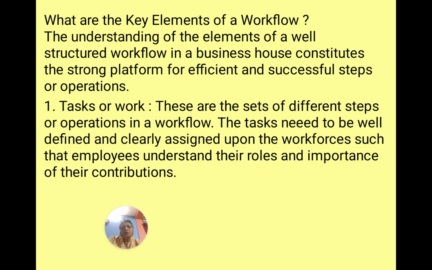The tasks need to be well defined and clearly assigned to the workforce, such that employees understand their roles and the importance of their contributions. What does this mean? The job that you are going to distribute among the workforce in your workshop needs to be well defined. Well defined means what is to be done is clearly understood by all the workforce and clearly assigned to the workers.